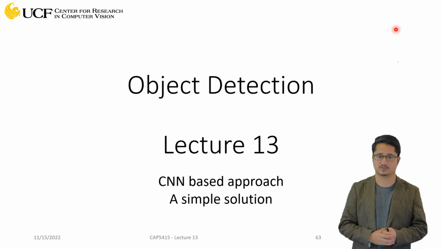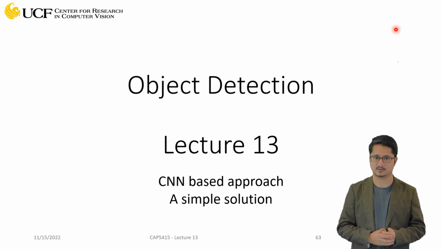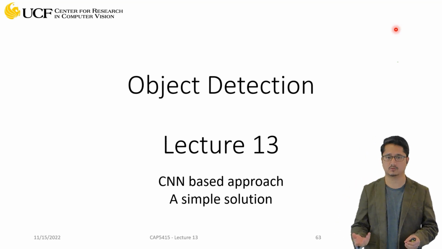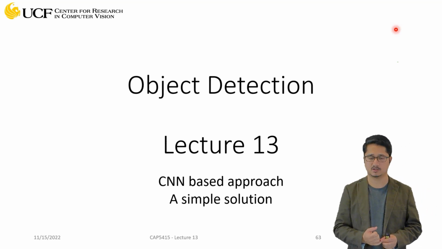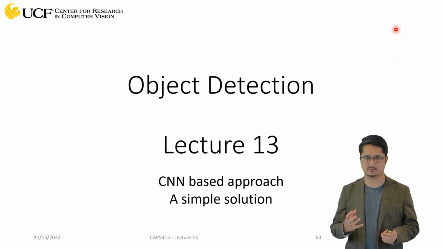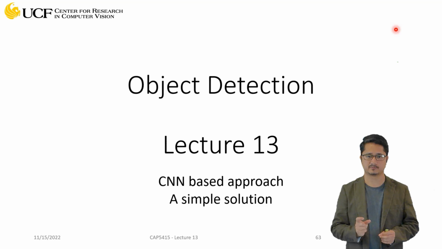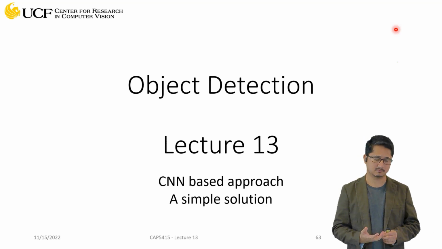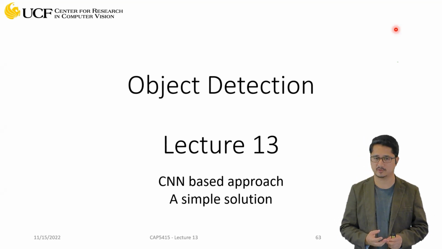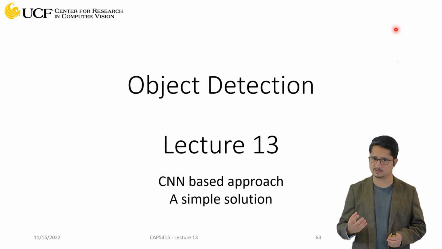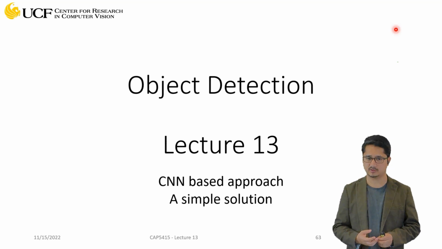So last lecture, we discussed how object detection can be evaluated, because that's really important. We can develop an algorithm, but if we don't know how good it is doing, it can be very difficult to come up with new algorithms. Then we discussed one very simple algorithm to perform object detection, based on a simple sliding window.